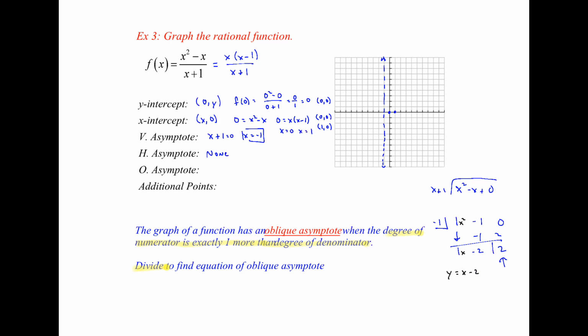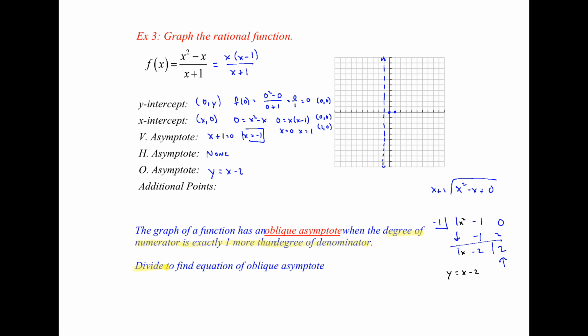And basically why the remainder doesn't matter is because this line is going to shoot off to infinity, and then that number just basically becomes obsolete. And so your oblique asymptote would be y equals x minus 2. So now you have to graph that one. Well, these are all going to be linear, so you should be able to graph them pretty easily.